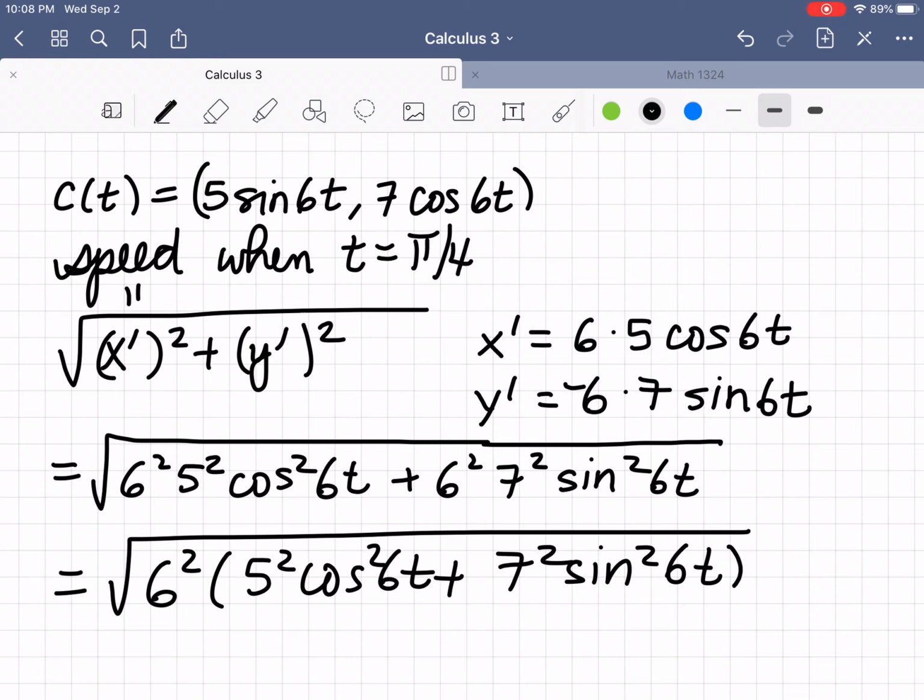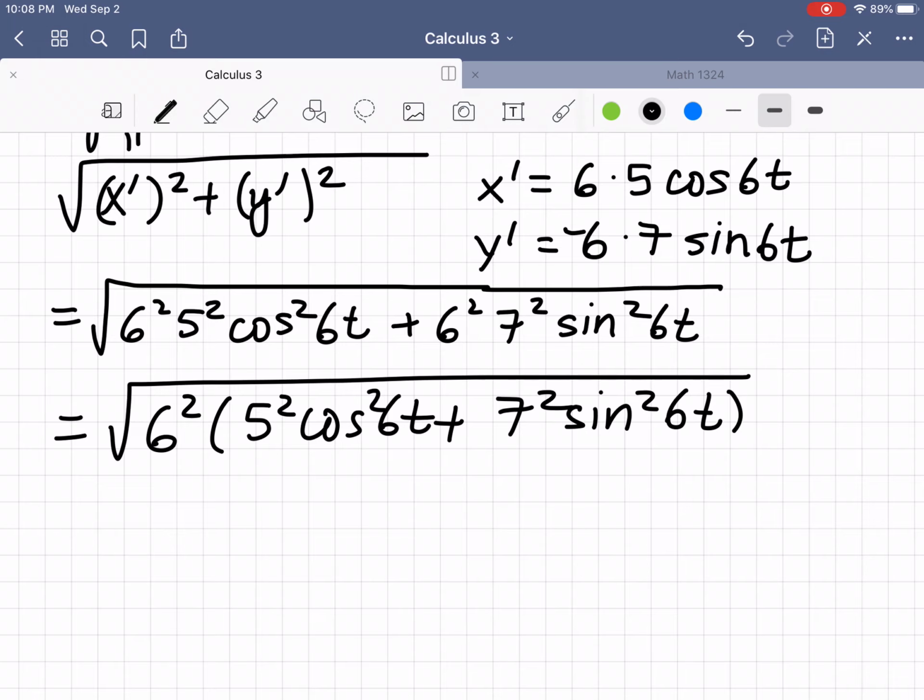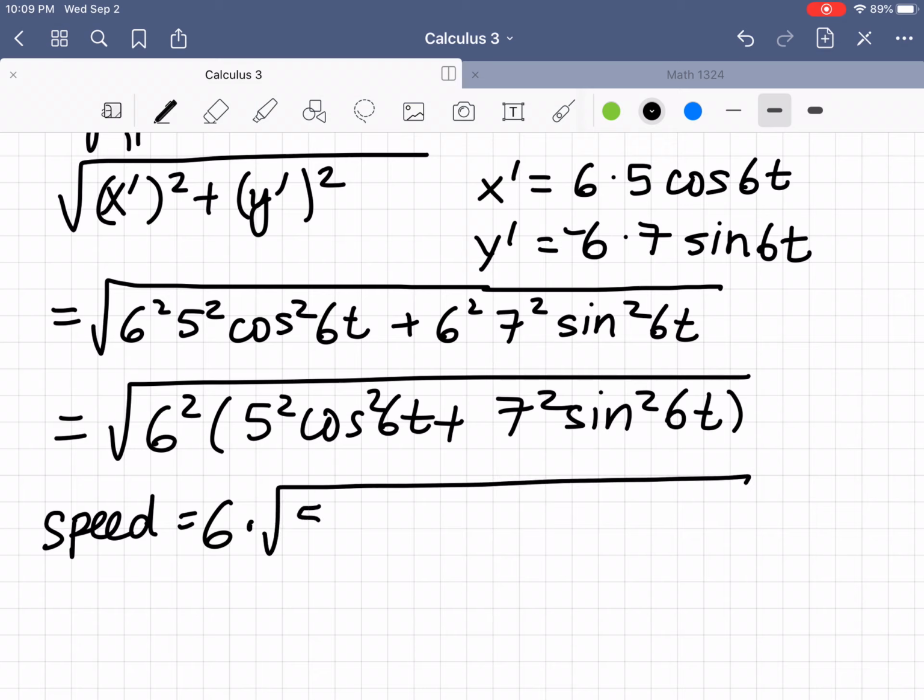And now, the squaring is a power, so you can distribute into each of these factors here. And so you end up getting that the speed, let me scooch this up, is going to equal 6 times the square root of 5 squared cosine squared 6t plus 7 squared sine squared 6t.